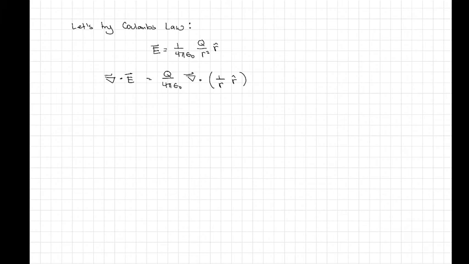This problem is easier to do in spherical coordinates. That way I can leave this as an r and not replace it with an xyz mess. So I'm going to look on the back cover of my book and look up what del looks like in spherical coordinates. You don't necessarily have to memorize or derive these things. Sometimes it's okay just to look it up.